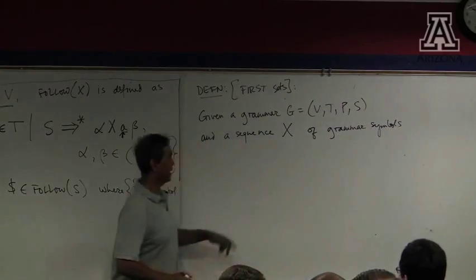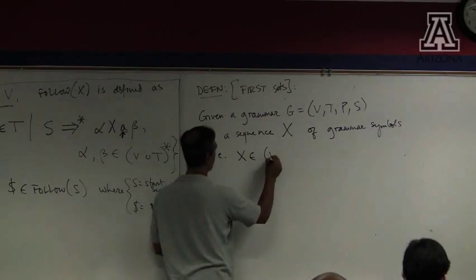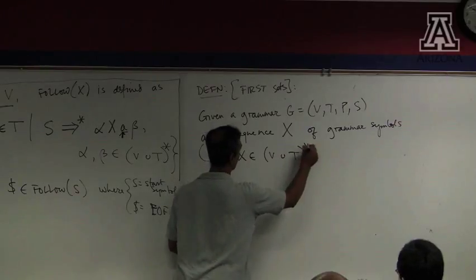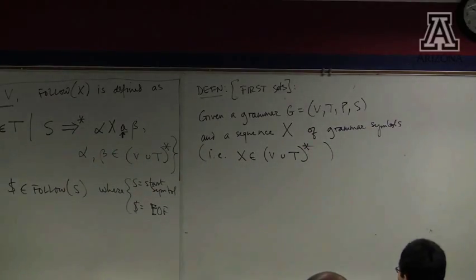So that means that X is in V union T star. So X is any sequence of grammar symbols. Okay?